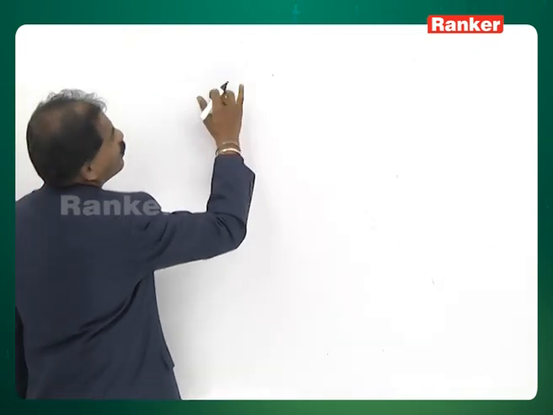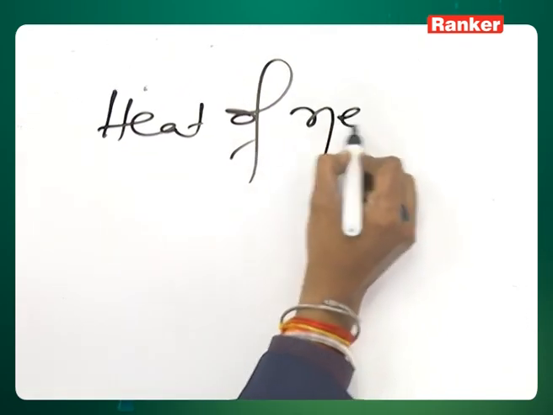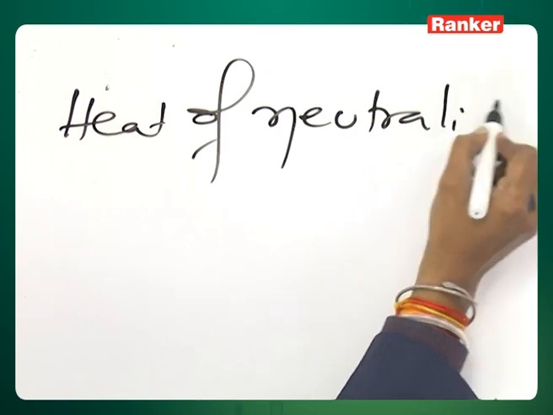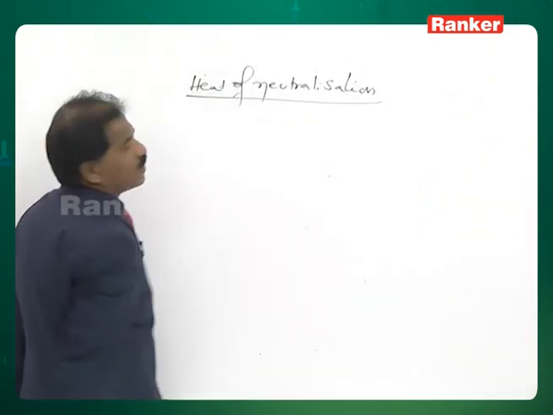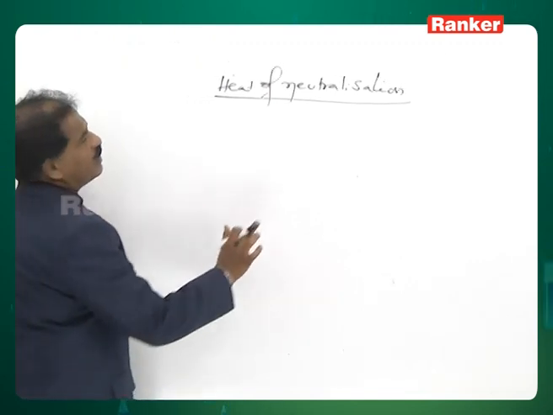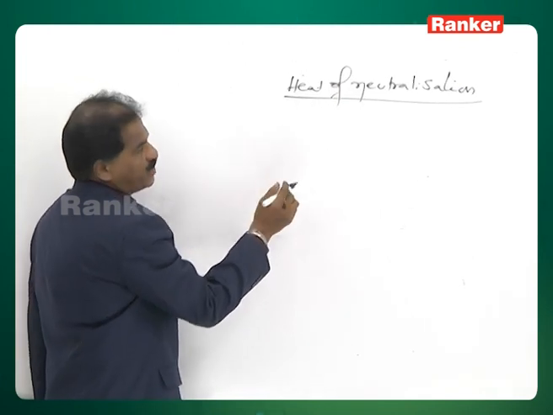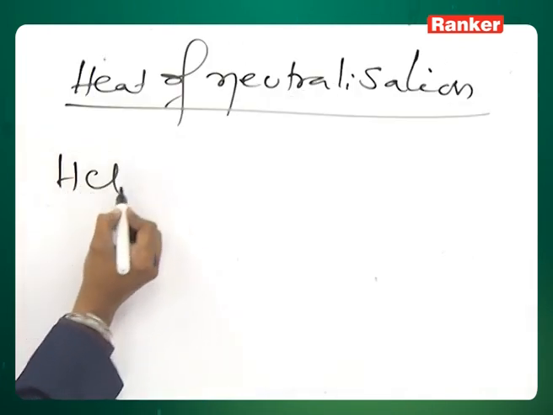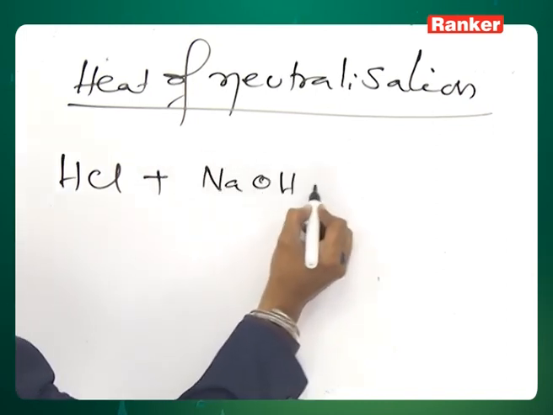Next one, heat of neutralization. This heat of neutralization is related to the heat change involved in acid base reaction. For example, HCl is a strong acid, sodium hydroxide is a strong base.